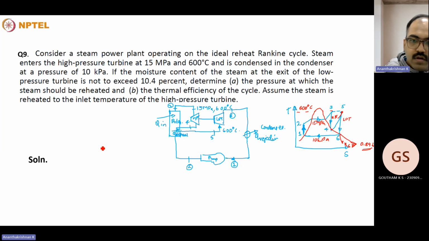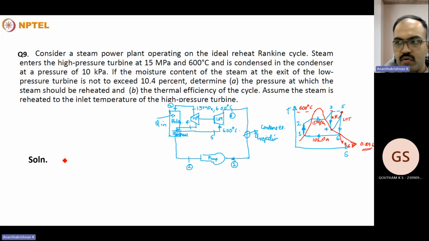Okay, so we'll start with state point 6, that is the exit of the low pressure turbine. So we need to calculate the pressure at which the steam should be reheated. So we need to calculate P5. So we need to locate the state point 5.